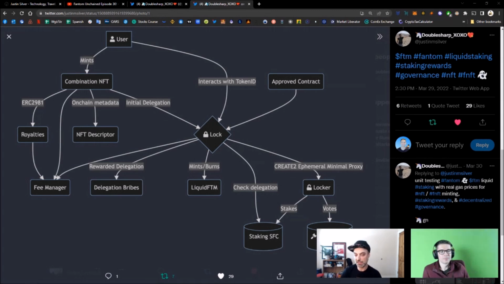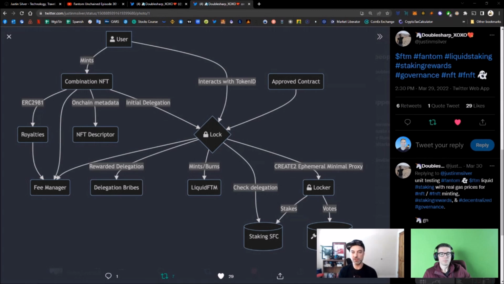And that could be things like delegating your delegated vote. I think that's kind of cool because I don't know if a lot of people understand how the governance on Fantom and a lot of networks work. When you delegate, you are delegating your vote. All of the governance proposals are voted on based on the staked Fantom.